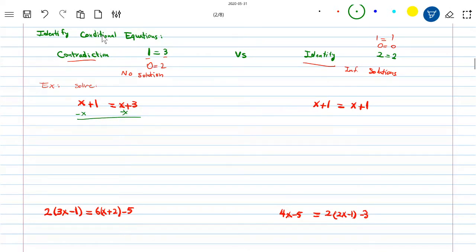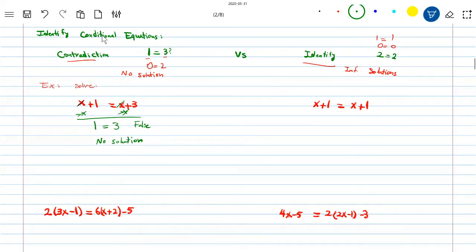If I do that, what do I get? x minus x is gone. The same x minus x is gone. And 1 equals 3. This is not a true statement, so this is a false statement. So therefore, I can say this has no solution.